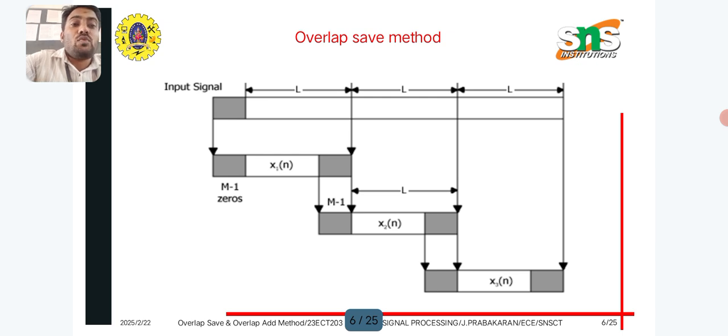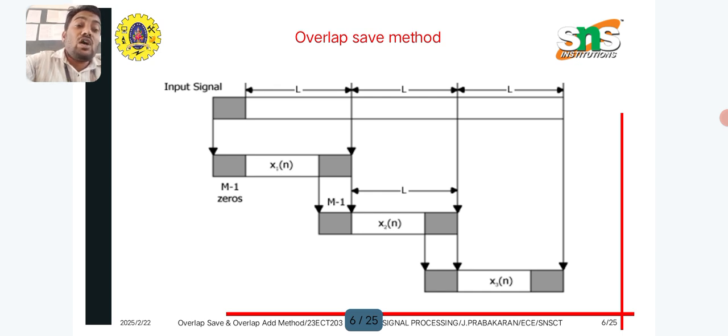For x2 of n, the first m minus 1 data are taken from the previous block, and added to the new data to form x2 of n. Likewise x3 of n is formed. Then do the circular convolution and discard the first m minus 1 points from y1 of n, y2 of n, y3 of n, and finally we will get y of n.